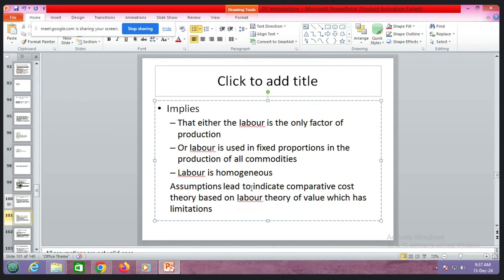So when we say that these assumptions are relaxed, we can come to the next theory that we started with, the comparative cost theory based on the labor theory of value using opportunity cost.